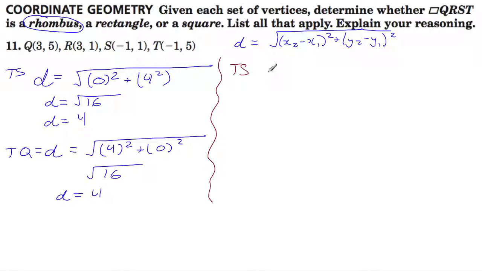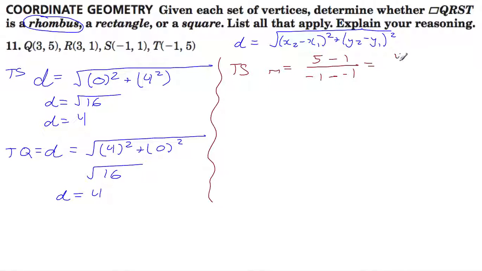So for TS, m is going to be the change in y over the change in x. So for TS, it's going to be 5 minus 1 over -1 minus a -1.